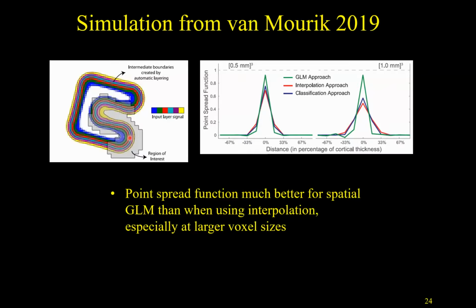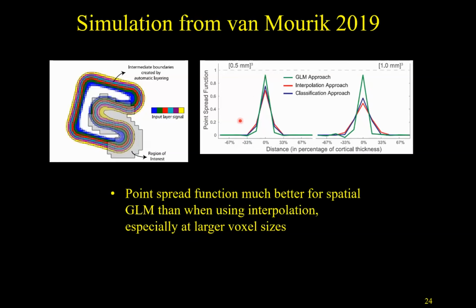So perfectly, it would be just a 1 at that layer and then a 0 everywhere else. And he tried it with 0.5 millimeter voxels and with 1 millimeter voxels. And so these results, I think, look pretty good. So if you're looking at this, basically a point spread function here, ideally it would be 1 at the center and then 0 off to the sides.